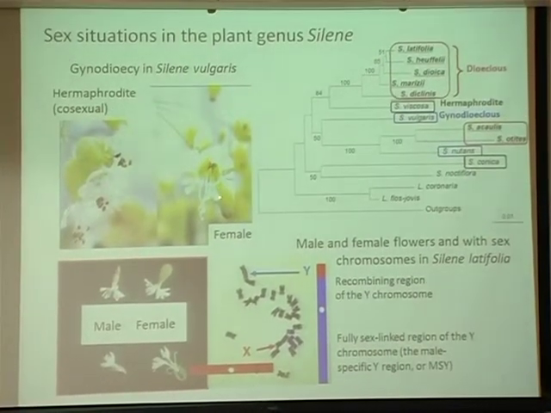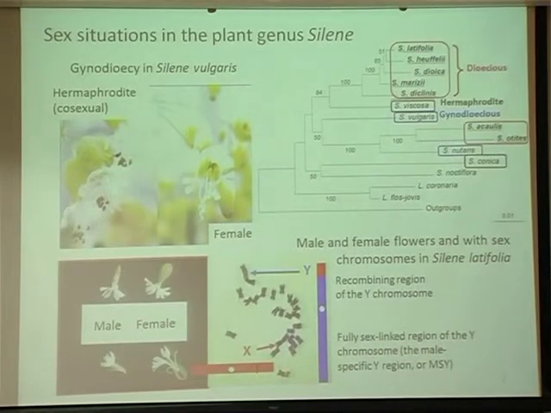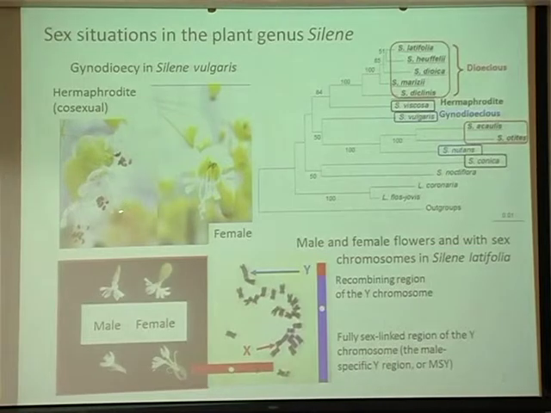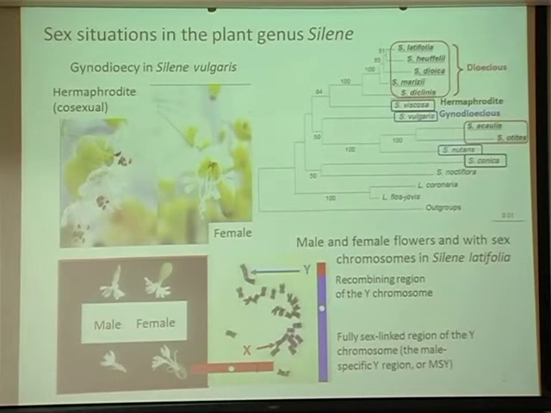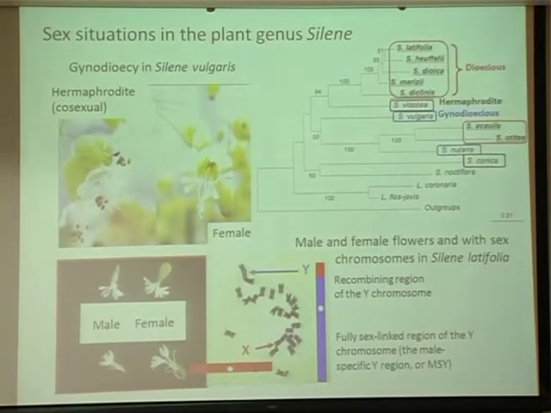So here's a female, and here's a hermaphrodite. If you can see it, maybe it's not clear enough, but the hermaphrodites have female parts here, and they have anthers producing pollen, the male function here. The females have the female structures, the pistils, and the anthers are little shriveled, non-functional anthers. This is a polymorphism within any population you look at of this particular species.